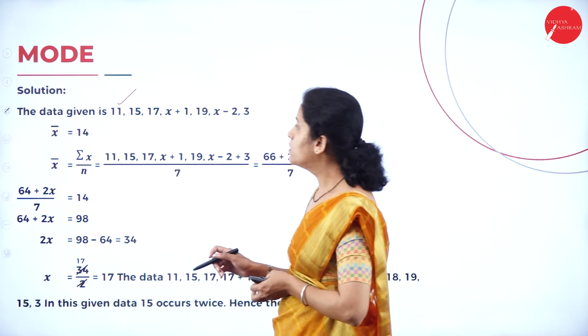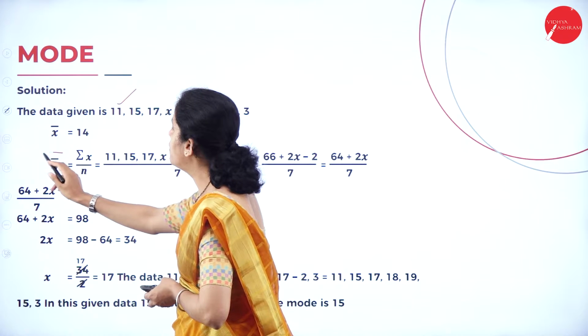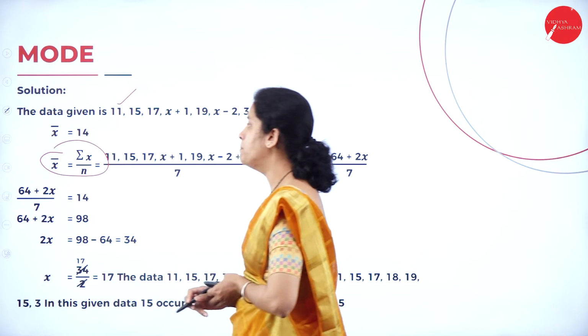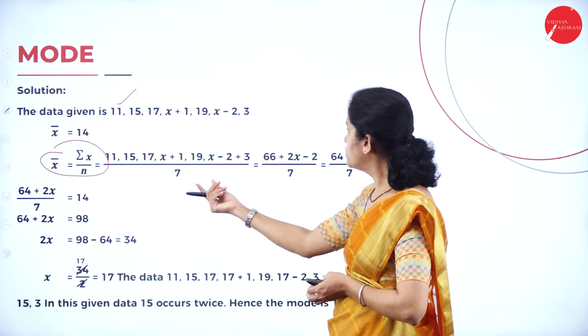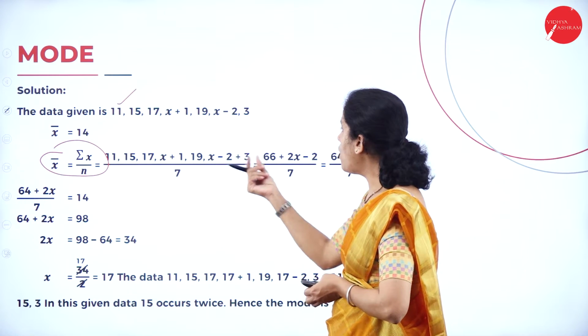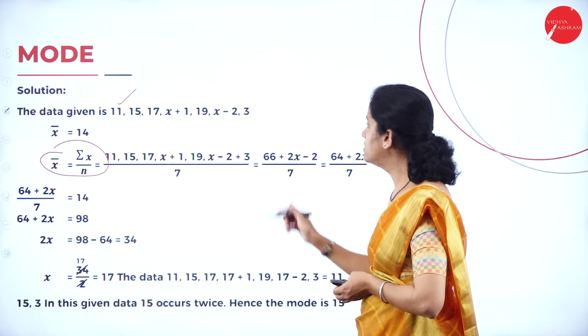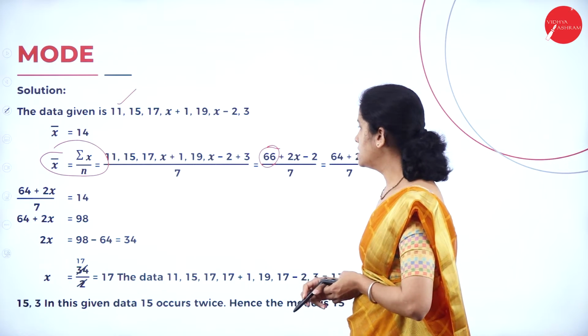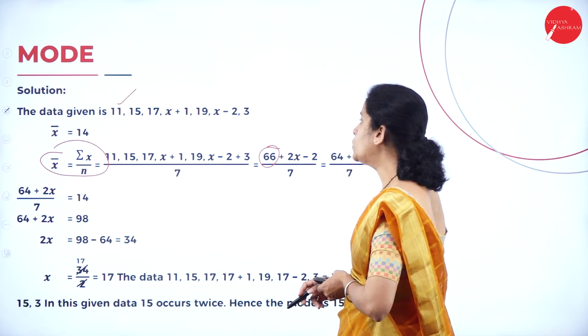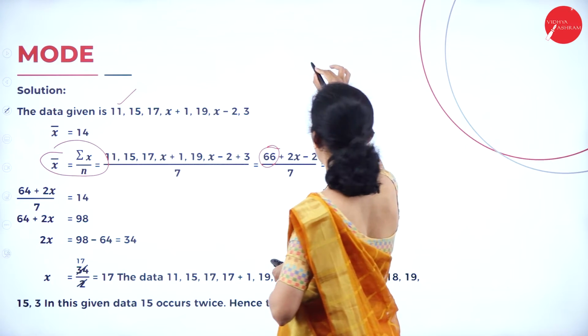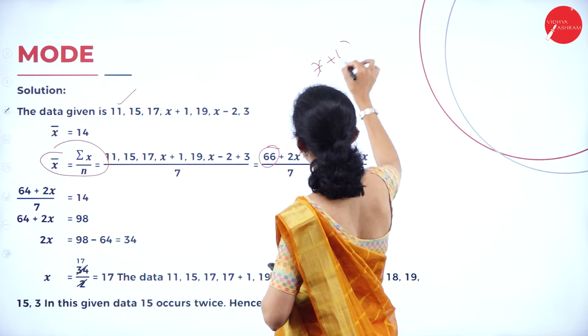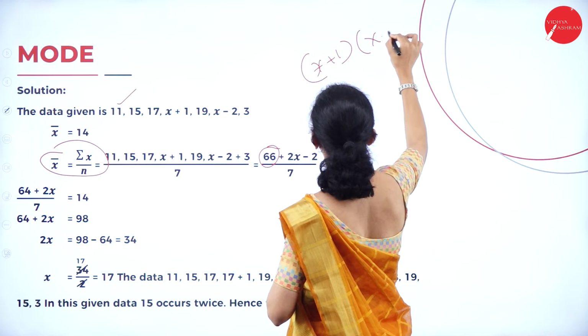So here, what do I want to do? I want to write the mean as the sum divided by 7. So here, when I add all the values, I will get 66 plus 2x minus 2. See here, I have x plus 1 and I have x minus 2.